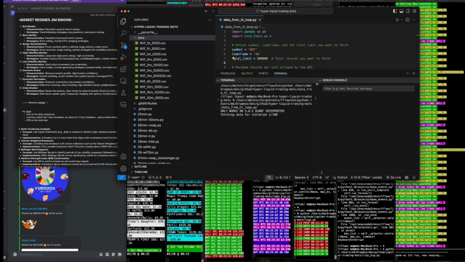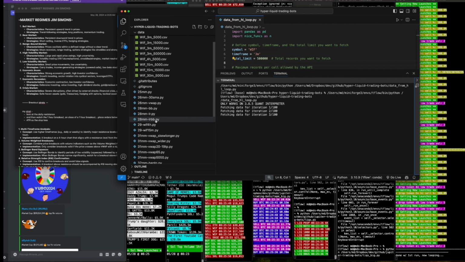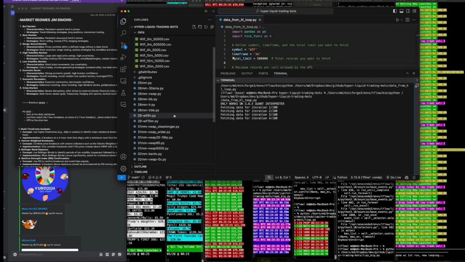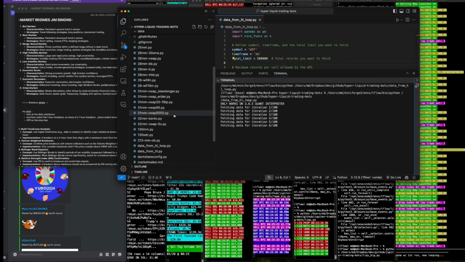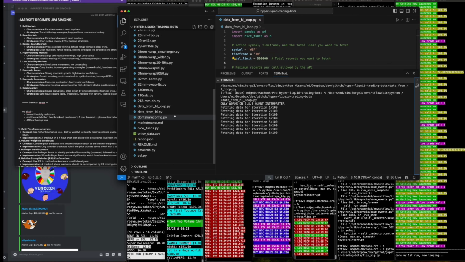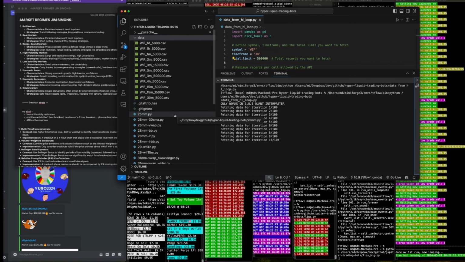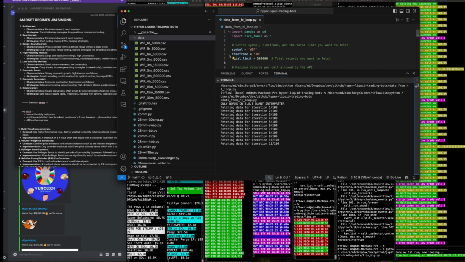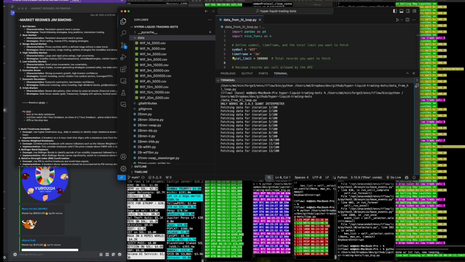Let's go ahead and run it. It's going to take a while. Fetching data, okay. I just want to see if this concept is semi good. So let's go ahead and see if we can get a quick backtest going.